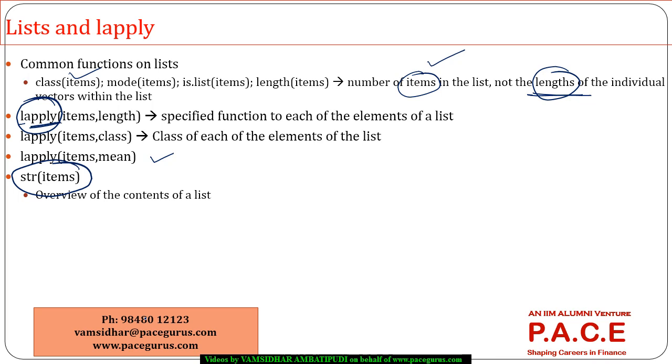Wherever you are applying formulas and functions on the individual vectors associated with the list, you are using lapply, but if it is at the complete overall list level, you don't need lapply, right? So just to get a hold on it, when we are doing the applications, we'll look at them in more detail at a later point.